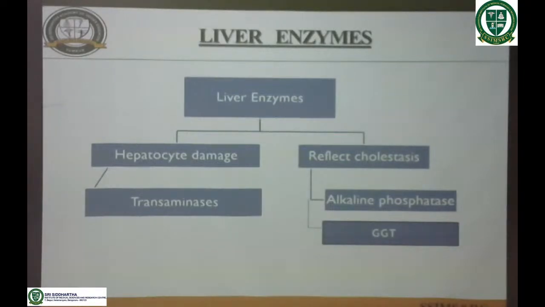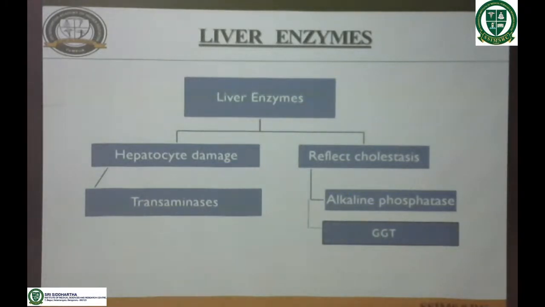Under the transaminases we have two enzymes, aspartate transaminase and alanine transaminase. These two enzymes help us in the diagnosis of hepatocyte damage. Alkaline phosphatase and gamma glutamyl transferase help in the identification of cholestasis.